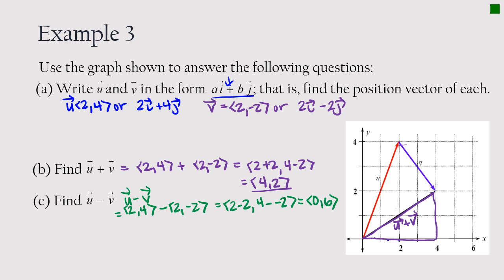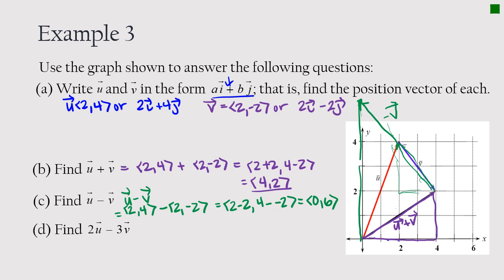We can double check that. So if I go to graph this, you've got U going in this direction, and now V, instead of going down, we're going to be going up. So that's a vector that's going to go to the left, so negative 2 up 2. So negative 2 up 2 is going to put me right here. And you can see when we add these two together, you're going to get right at 0, 6.